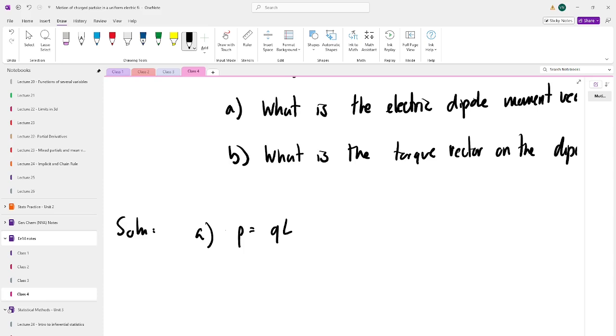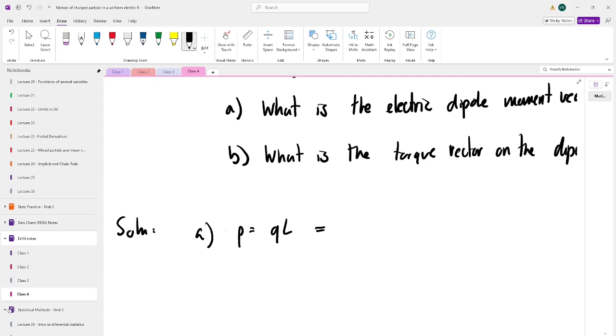So the charge that we're dealing with here is 1.6 times 10 to the minus 19 for both the proton and the electron. Of course one of them is positive and one negative, but that doesn't matter here.